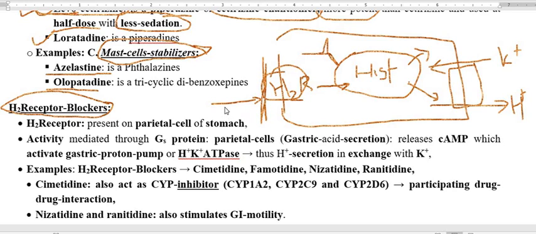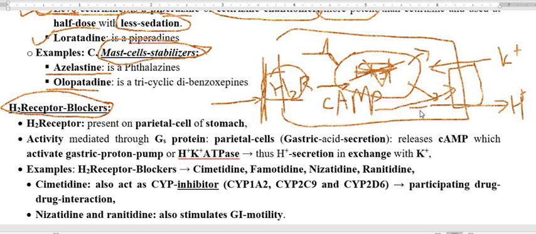Therefore, there is no place for the histamine to attach with the H2 receptor, and therefore the action of this, not histamine, this is cyclic AMP, is not produced. It is going to raise the cyclic AMP, and this cyclic AMP is going to have a positive effect on this enzyme.